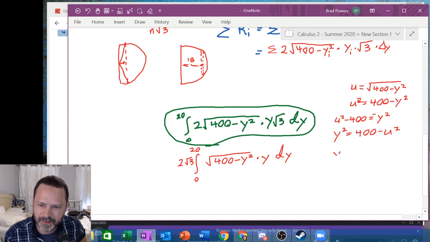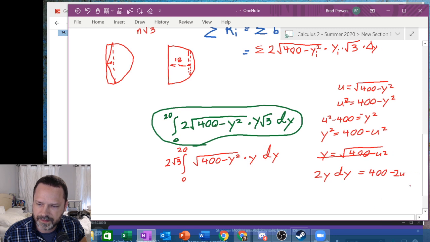Or, let's see here, 2y dy equals 400 minus 2u du. So let's see here.